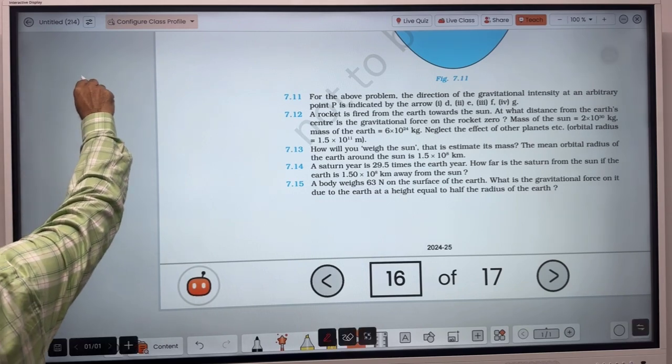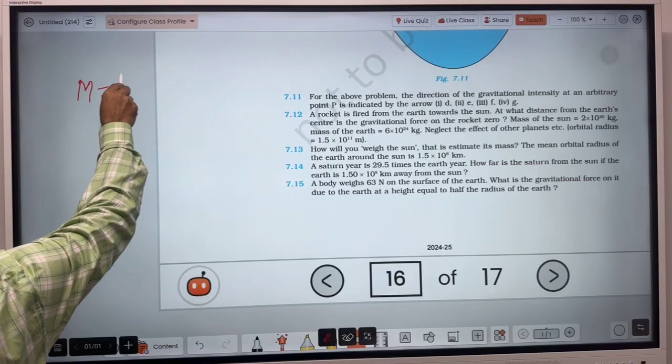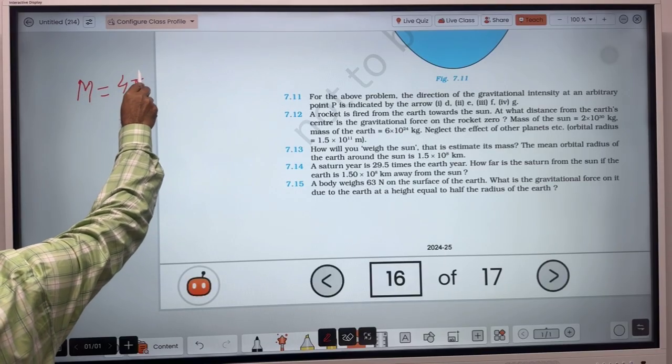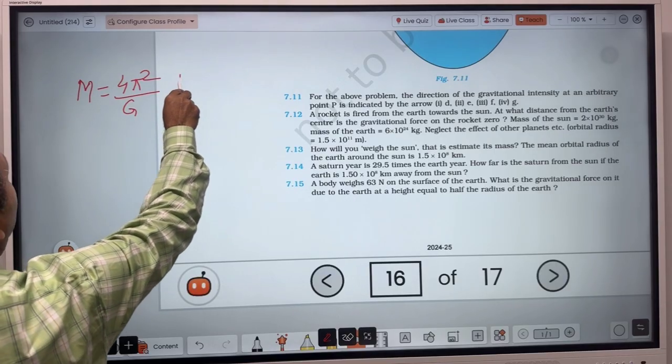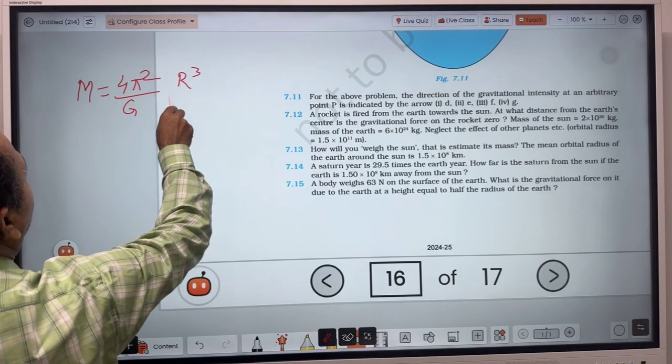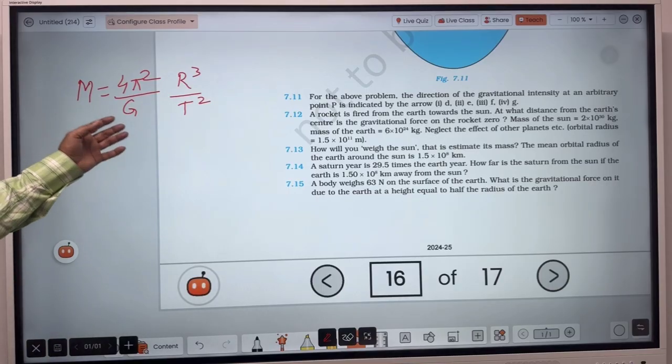So, if you remember the formula, M is given by 4 pi square divided by G times R cube divided by T square. Origin of formula we have already discussed.